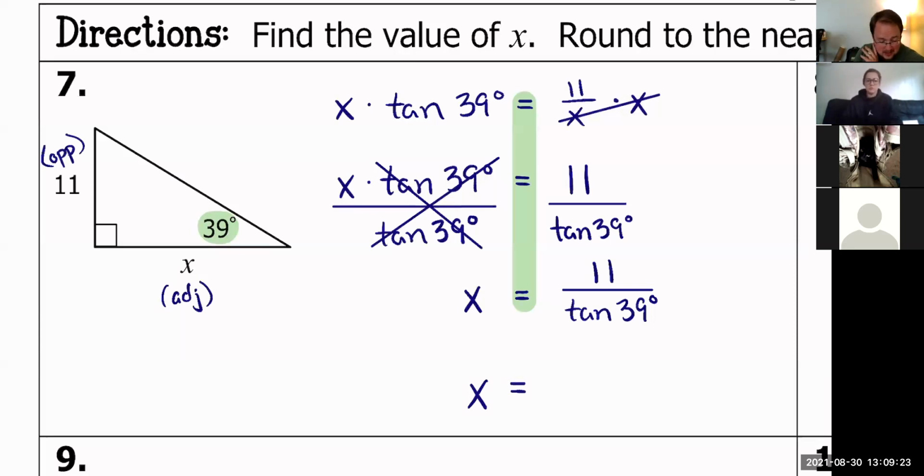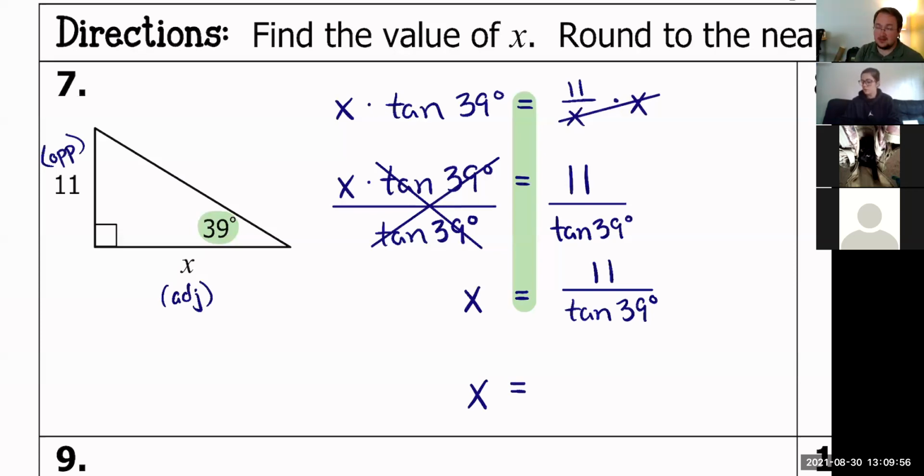Sorry, 8.9. That's not quite what I got. I might have made a mistake. Not quite. I know what I did wrong. Okay, try it again. On my calculator, I simply put in exactly as I saw. I put 11 divided by, then I press tangent 39, and then I actually close the parentheses on that tangent. 13.6. 13.6 sounds a lot nicer.